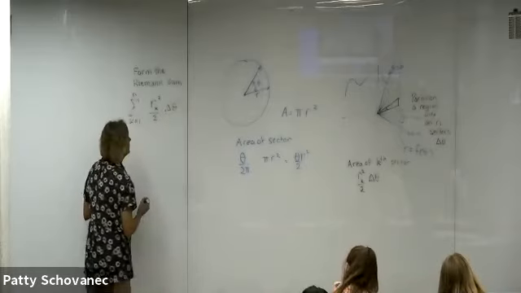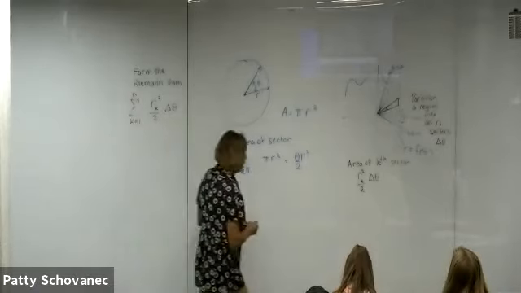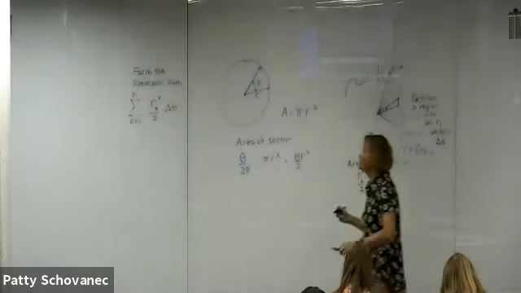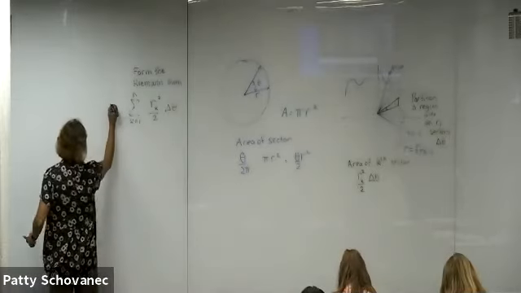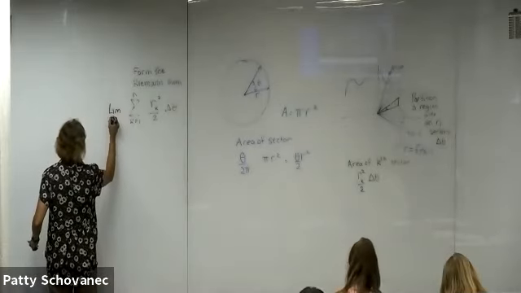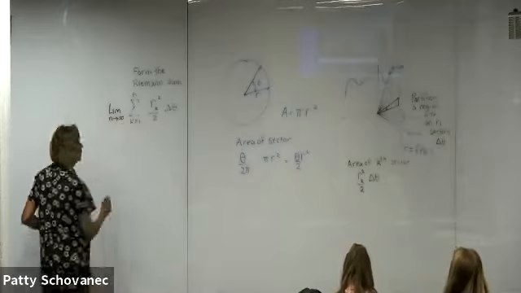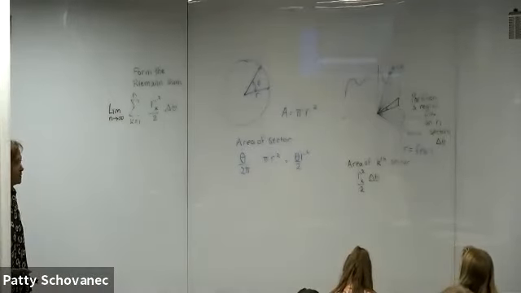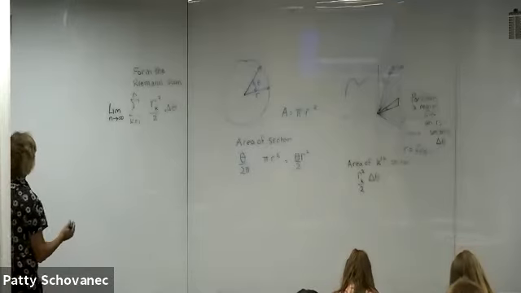I'm trying to keep my delta thetas all about the same size. Then I'm going to take the limit of that as n goes to infinity. What happens when you take the limit as n goes to infinity? It becomes an integral.